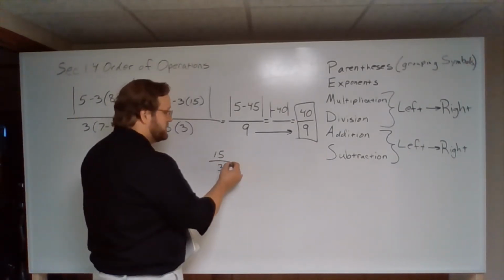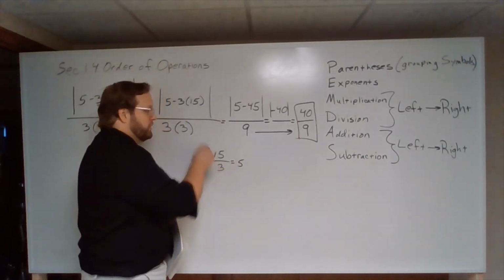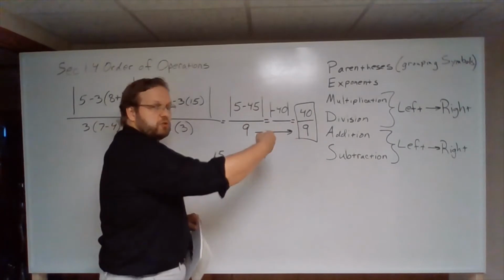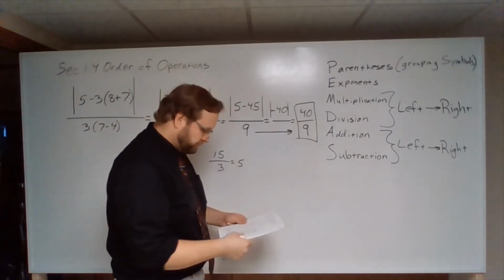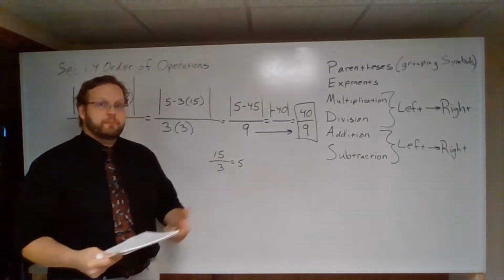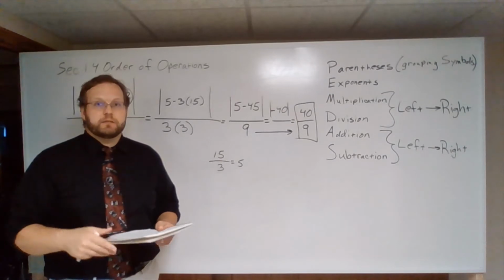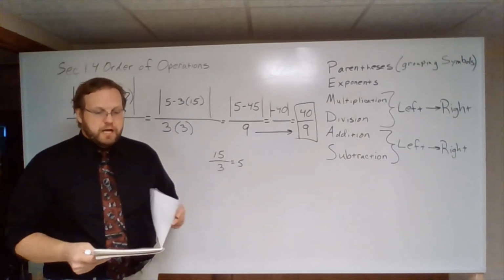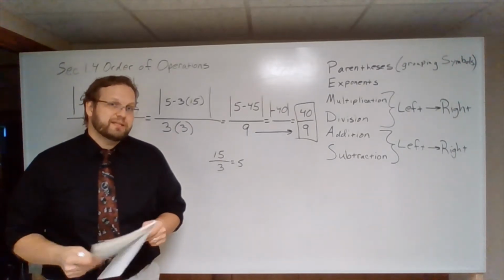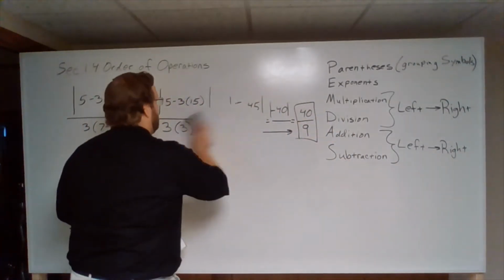I would just simplify that down to a 5. Okay? So when we do these fractional expressions, just make sure that you look for that at the very end. Okay? That's pretty much the general order of operations discussion. As always, if you do have questions, please reach out and I'll take care of them. There are a couple other things, though, that this section does cover that I want to make sure we're all on the same page with.